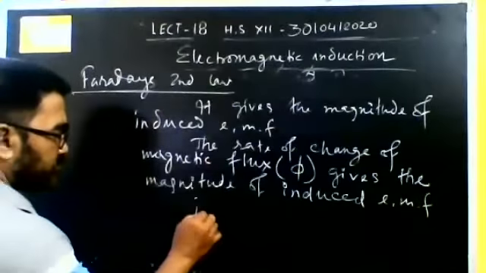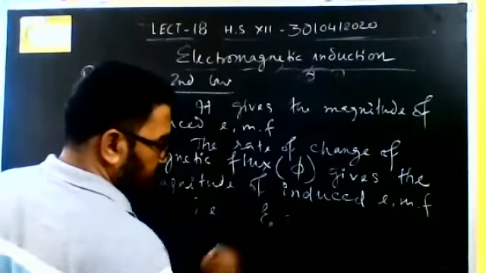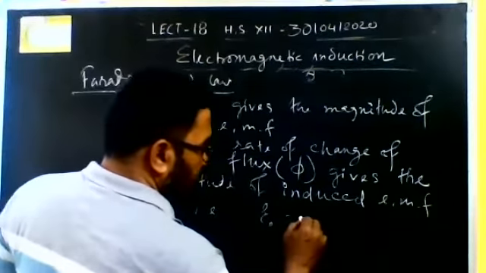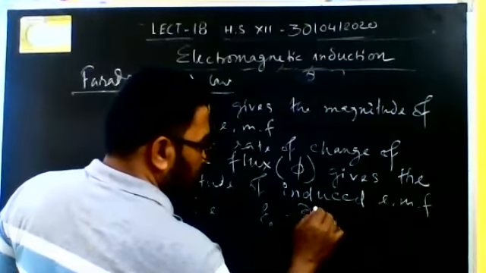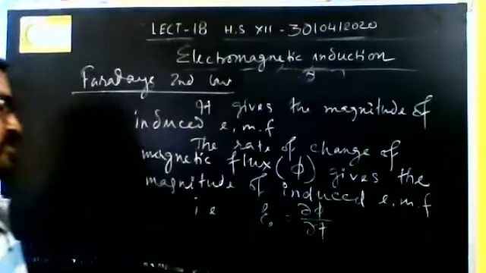The magnetic flux is represented by phi. Induced EMF epsilon is equal to del phi by del t.